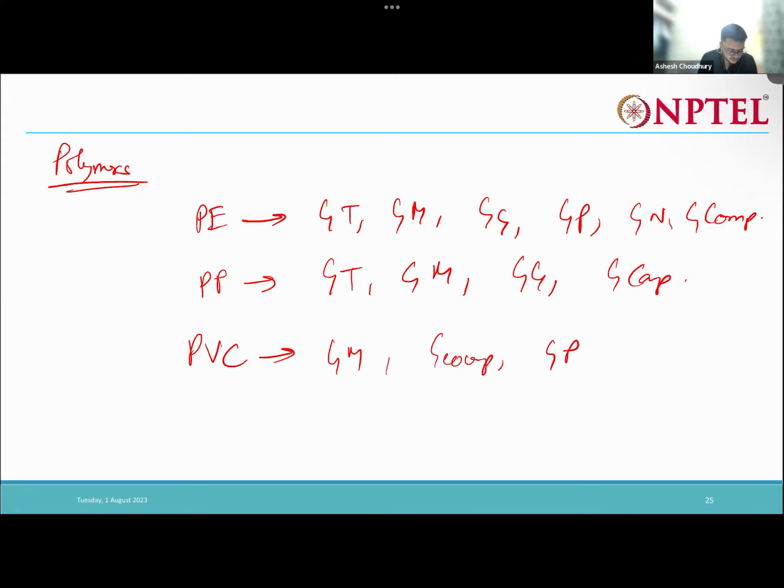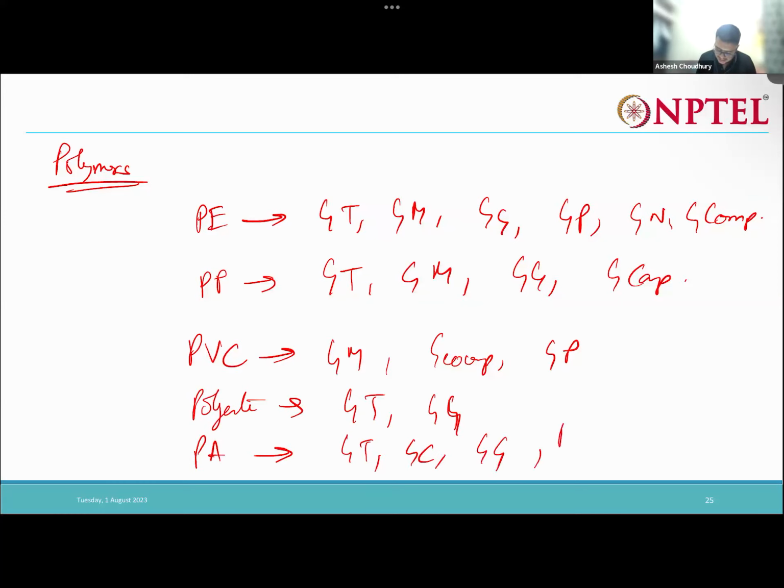Then after that, polyester. Polyester is also used to make clothing, right? Also used to make synthetic textiles. So these are used to make geotextiles, geogrids. And that's why you can remember little things. Then we have polyamide, PA, that is nylon 66, that is used for geotextiles, geocomposites, geogrids.